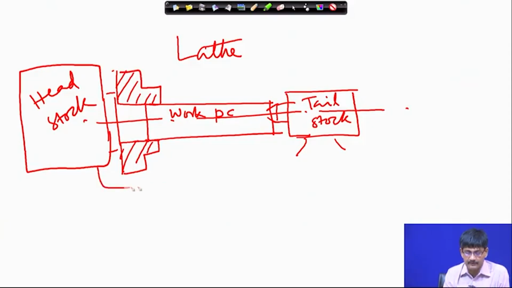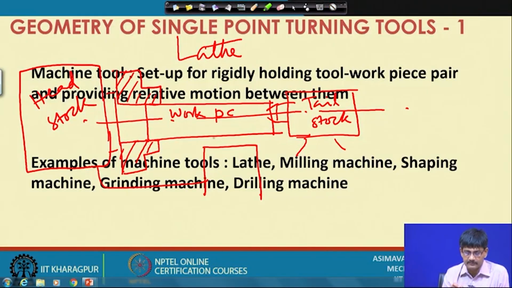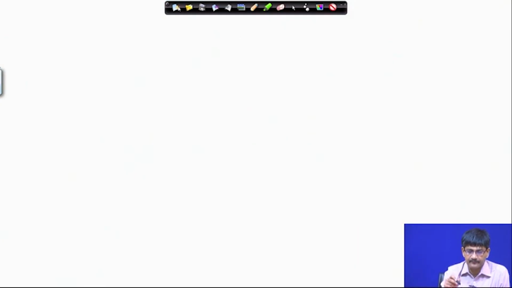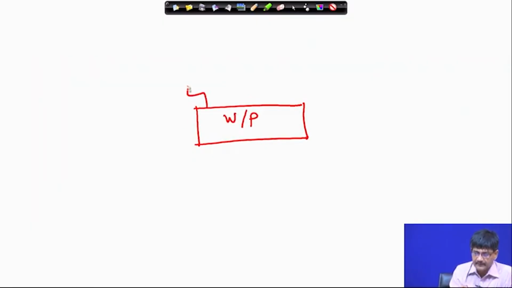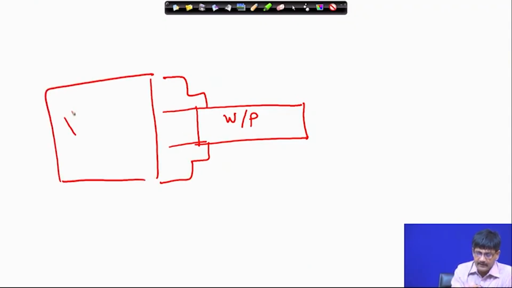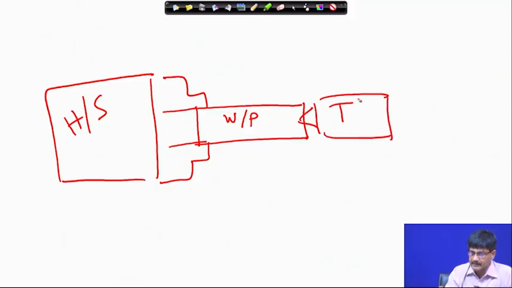And where is the tool? The tool is brought in. I am drawing it. I will just repeat those: workpiece, work holding device, headstock, tailstock, and the basic body of the machine, the lathe bed.